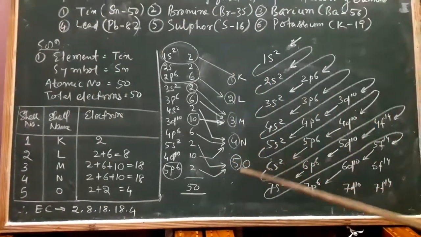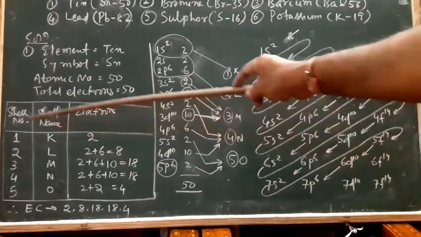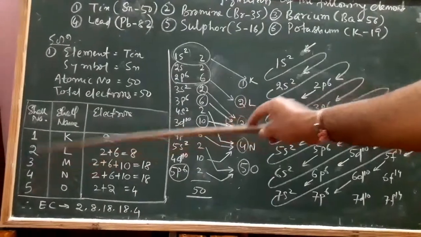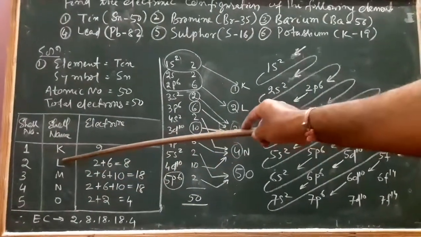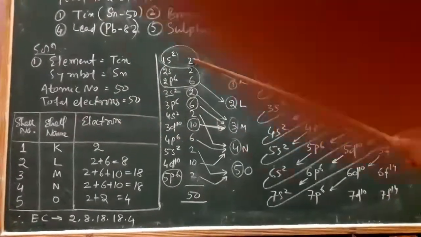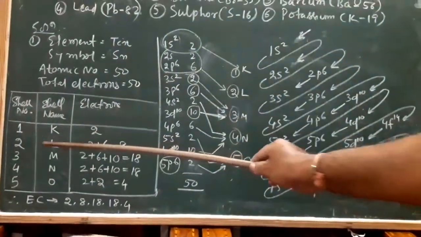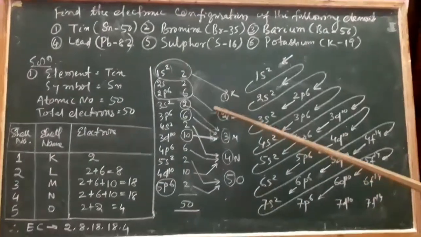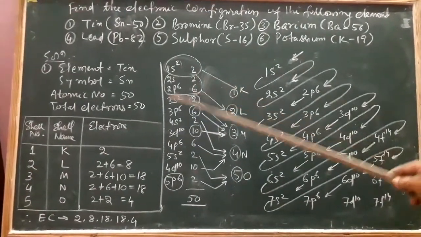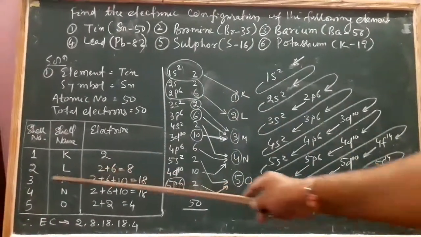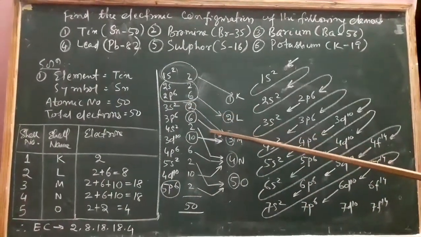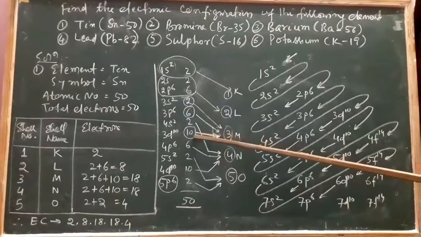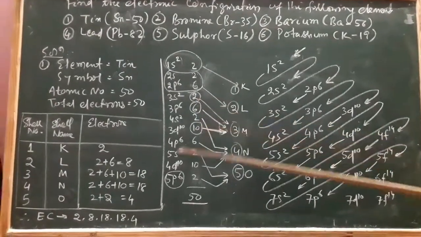So these things I have written here in the table. Shell number is 1, 2, 3, 4, 5 and shell names are K, L, M, N, O. Under K shell there are only 2 electrons. Under L shell, 2 plus 6, 8. M shell: 2 plus 6 plus 10, 18.